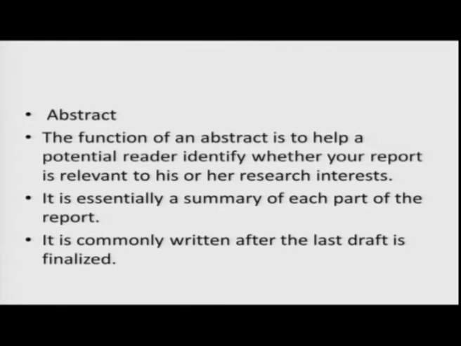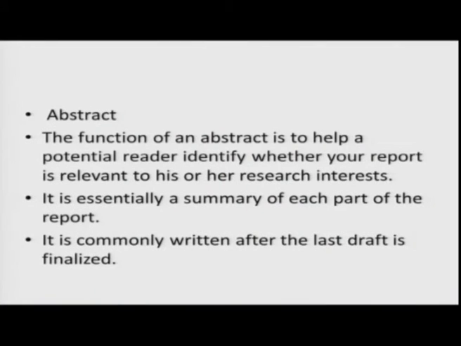Second is the abstract. The function of an abstract is to help a potential reader identify whether your report is relevant to his or her research interests. The abstract is actually like a summary. It captures the main points of each part of your report.